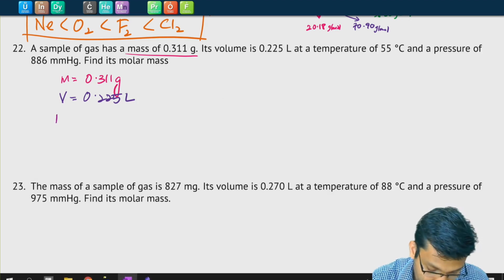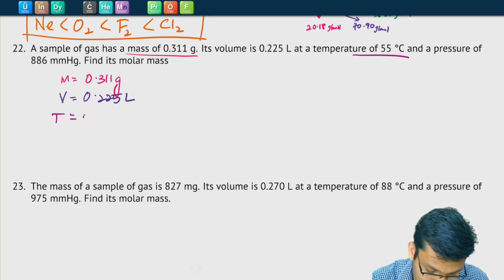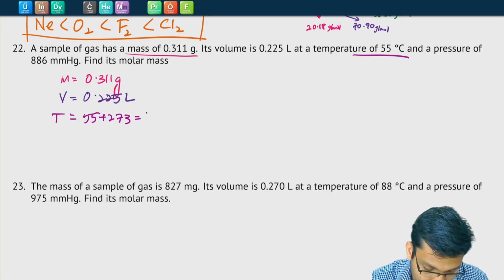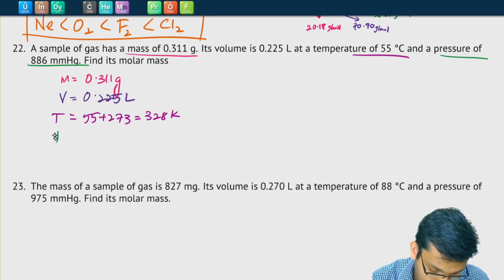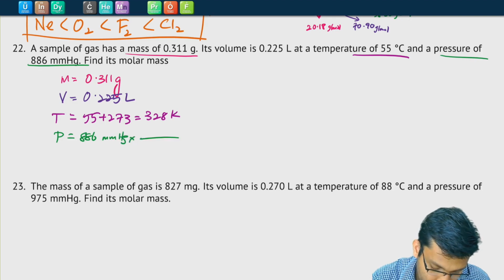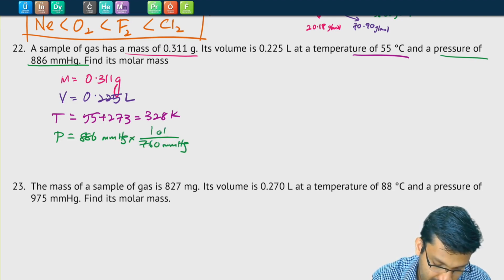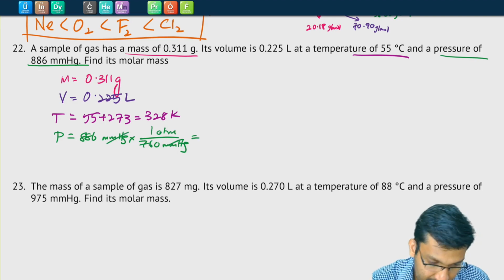They give us a temperature, 55 degrees Celsius, but again, we need this in Kelvin, so that comes out to 328 Kelvin. And finally, they give us a pressure of 886 millimeters of mercury. But we know that we have to divide that by 760 to convert it to atmospheres, which gives me 1.17 atmospheres to 3 sig figs.